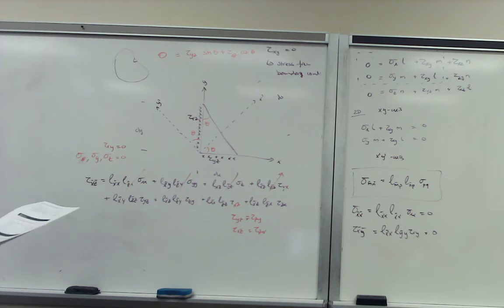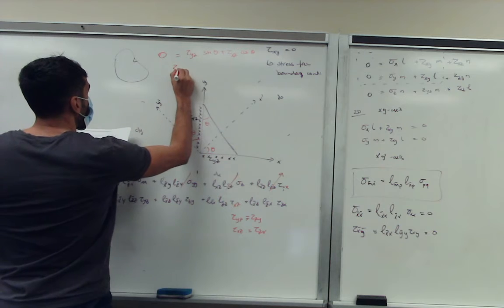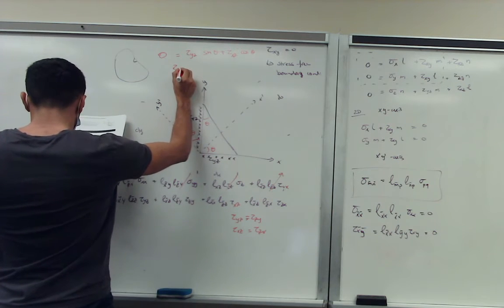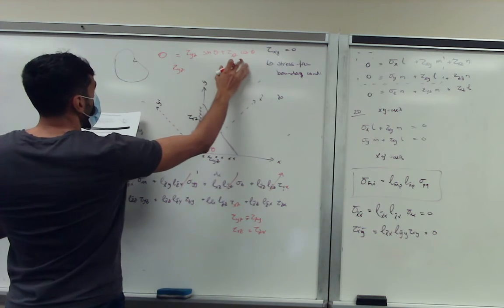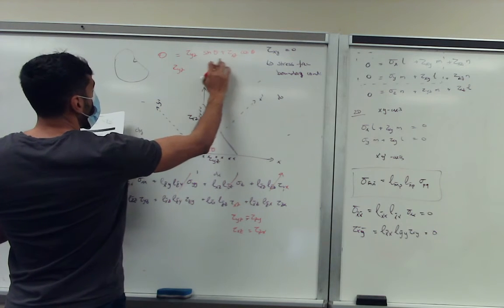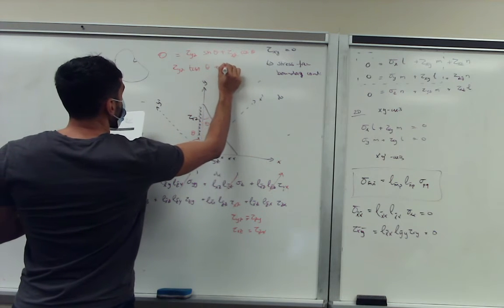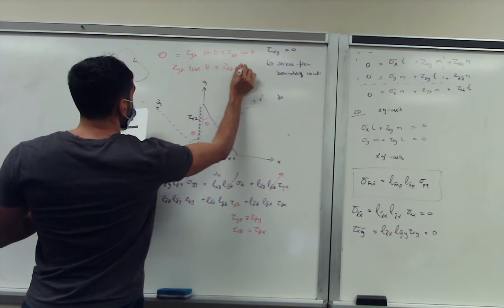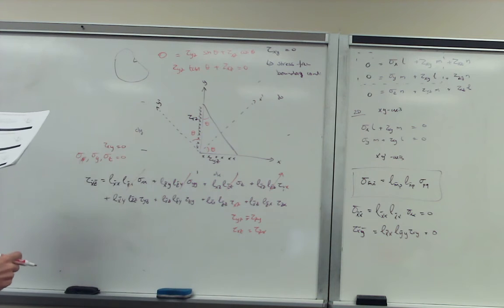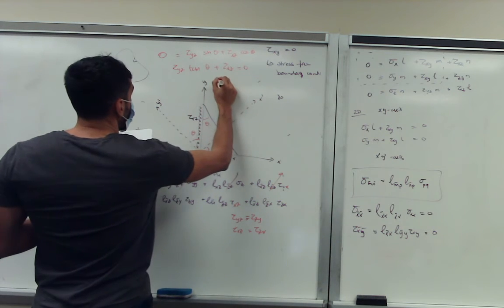So what we can do is just rewrite this a bit to tau yz. Let me see. Yeah, we divide by cosine, so we get here 1, and what we get is tau yz tangent theta plus tau xz is equal to 0. And then we can rewrite it a bit more.